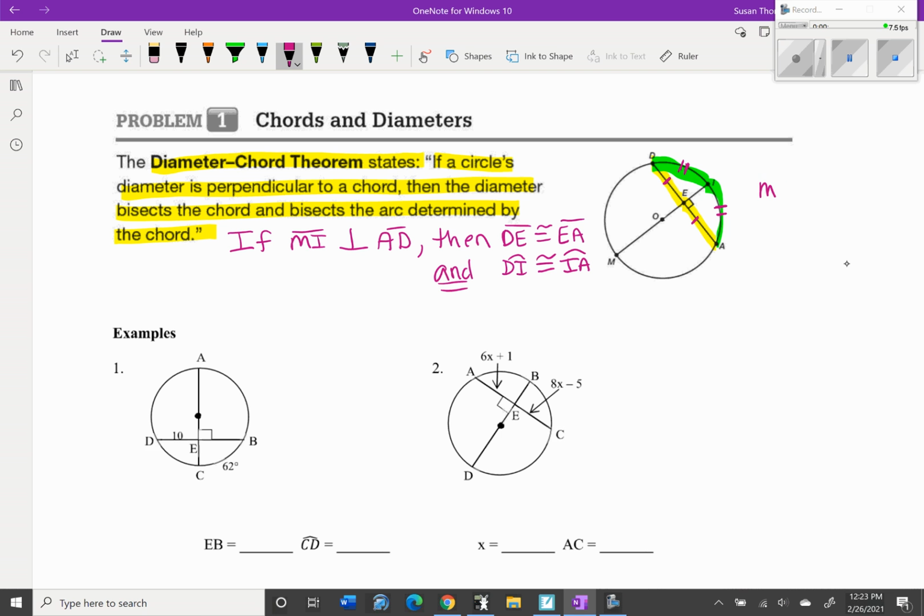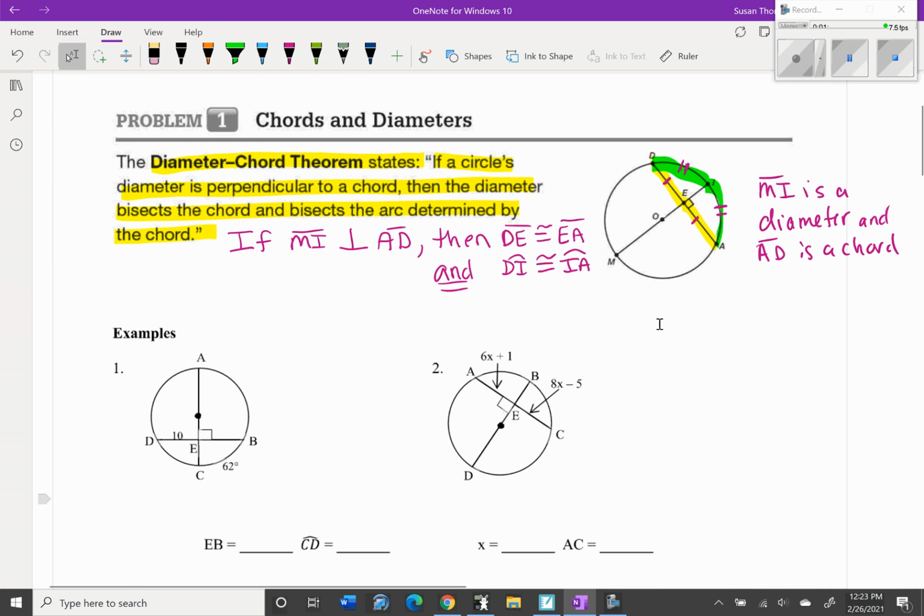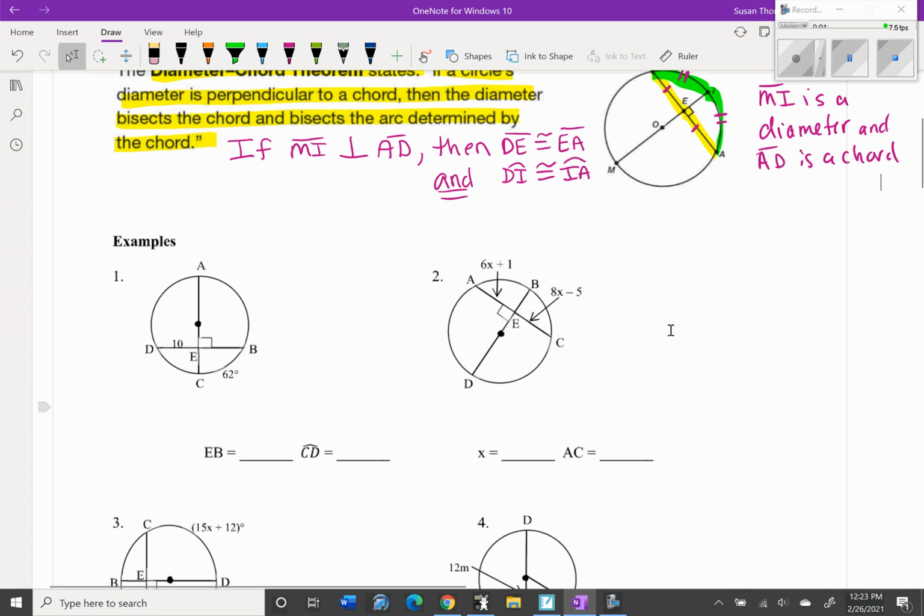So MI is a diameter, and AD is a chord. So let's go ahead and use it to answer these examples.